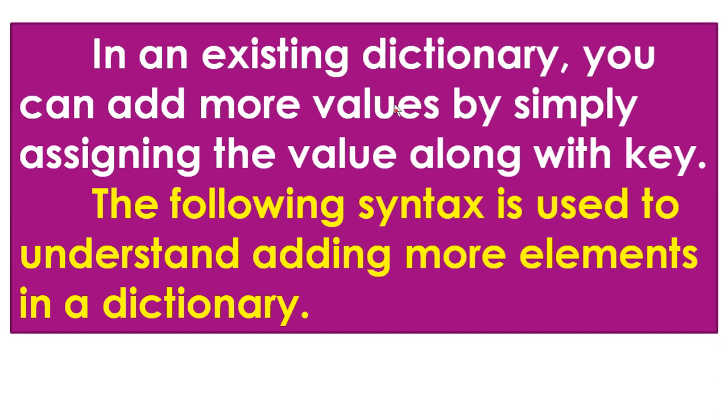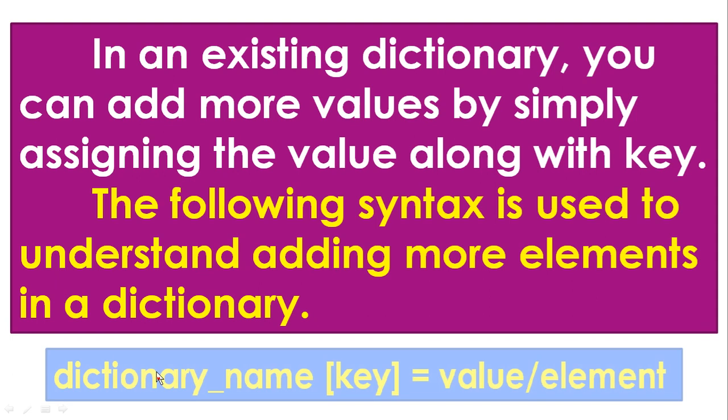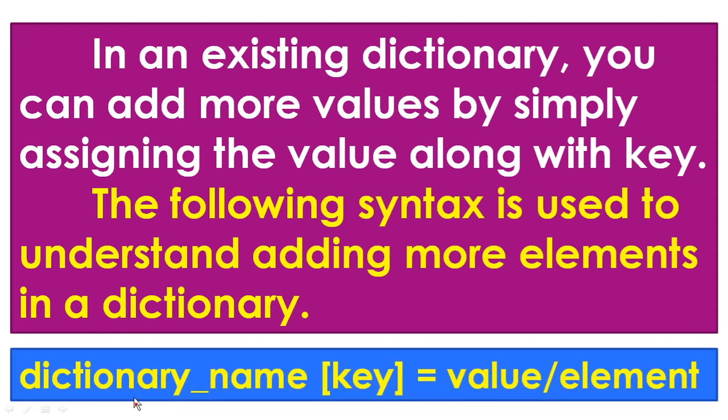In an existing dictionary, we can add more values by simply assigning the value along with the key. The following syntax is used to add more elements to a dictionary. To add an element, you put the dictionary name with the key equal to the value or element.